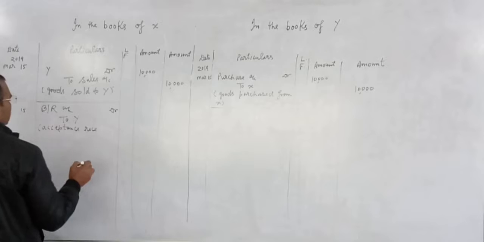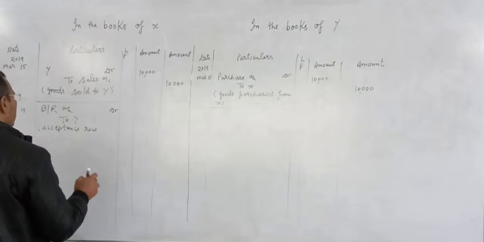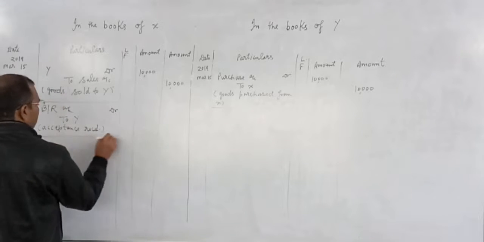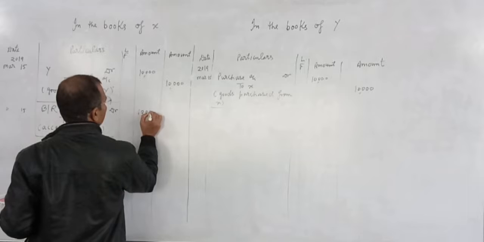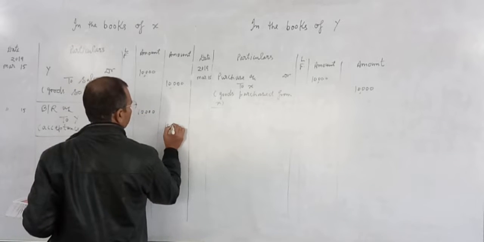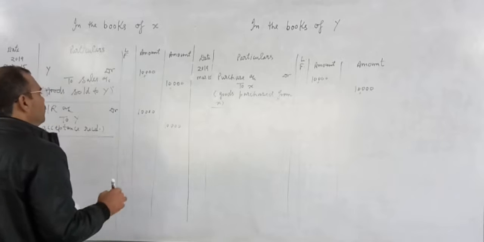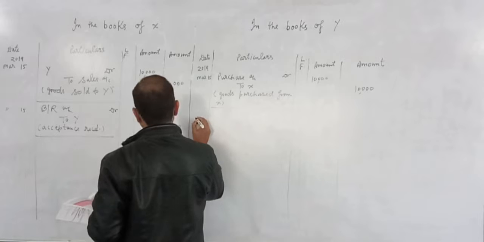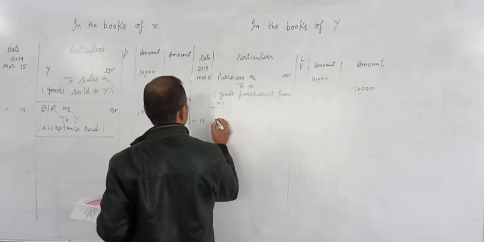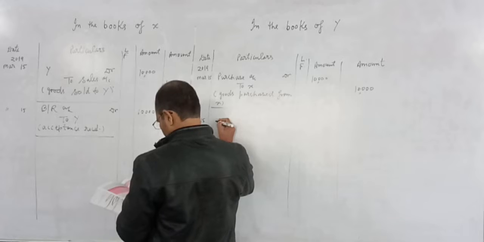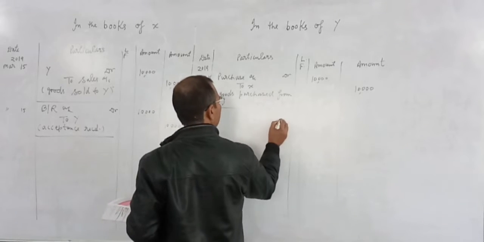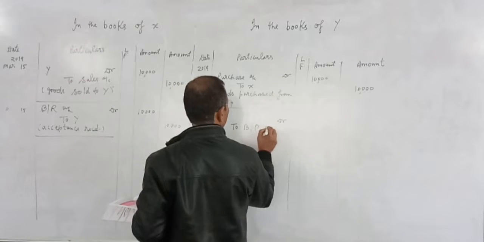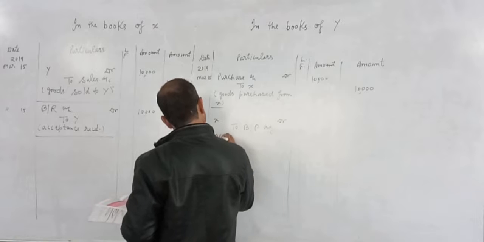From whom the acceptance is being received? From Y. The amount of bill is 10,000 because we have sold the goods of 10,000. That's why the bill is written of 10,000. X debit to DP account, acceptance given.